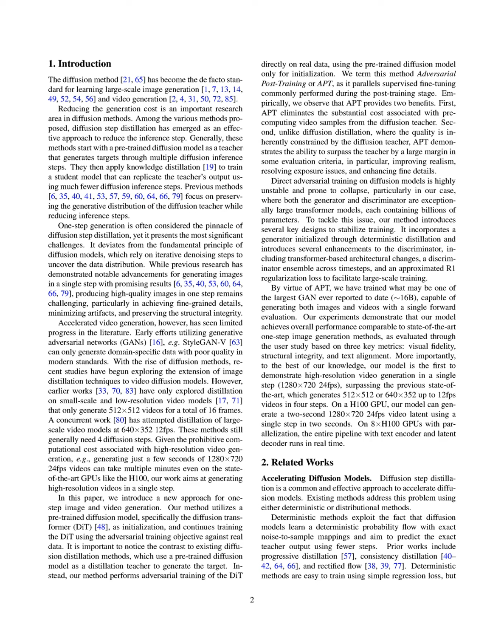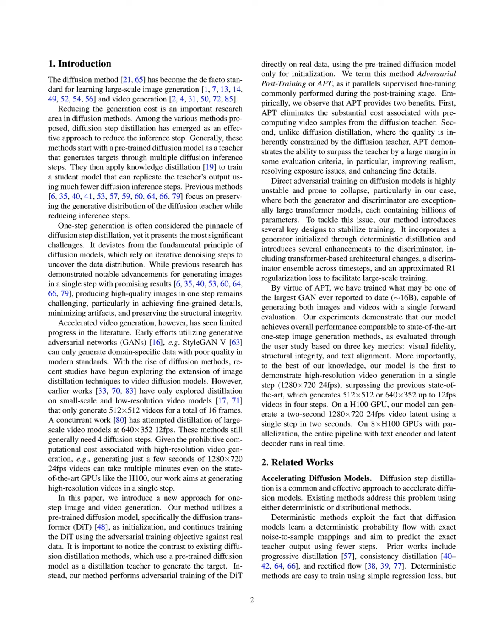Firstly, APT eliminates the substantial computational cost associated with pre-computing video samples from the diffusion teacher, which is a common requirement in distillation methods. Secondly, APT allows for direct adversarial training on real data, enabling the model to surpass the quality constraints imposed by the diffusion teacher, leading to improved realism, better exposure handling, and enhanced fine details in the generated outputs.